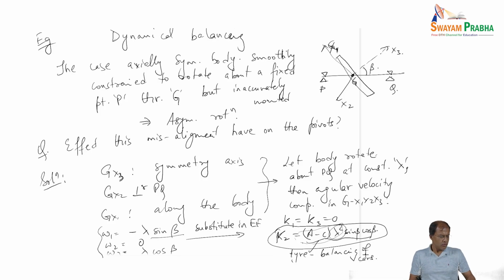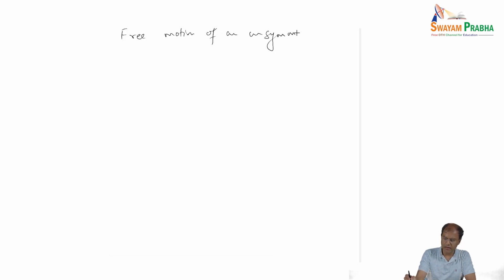Then I would also like to look at the free motion of an unsymmetric body. So we have rotation about a fixed axis.